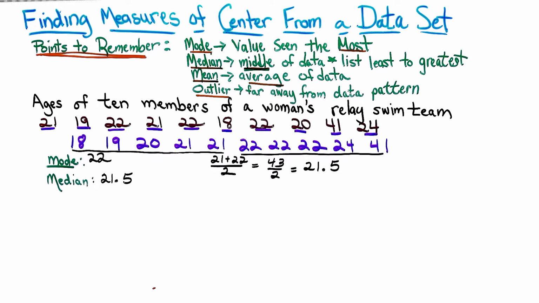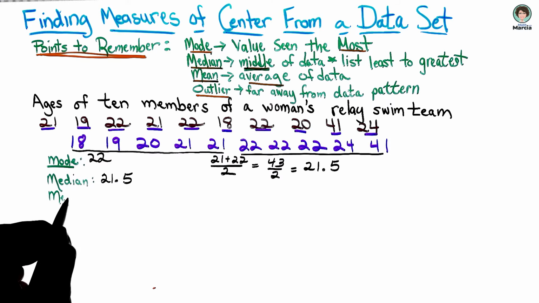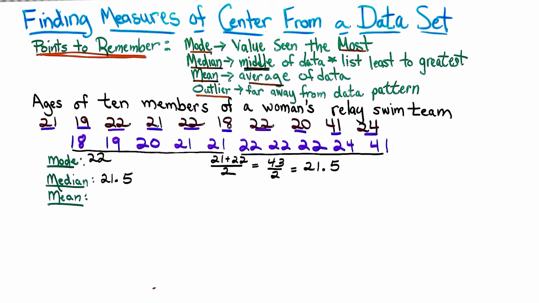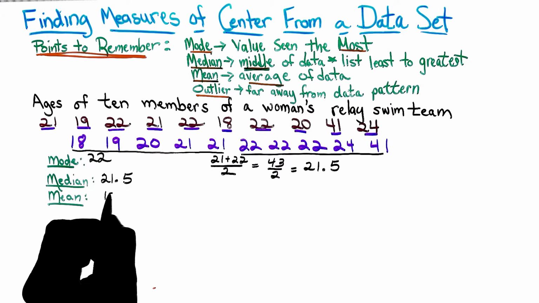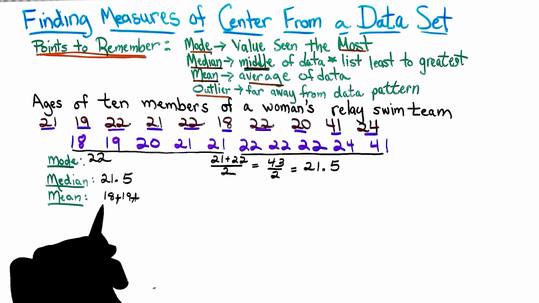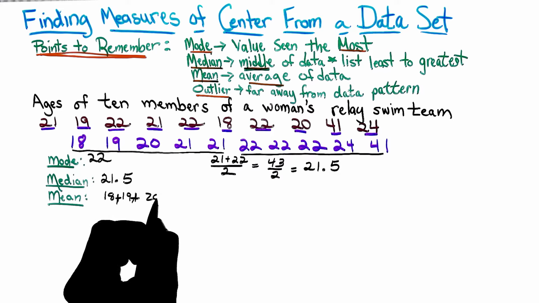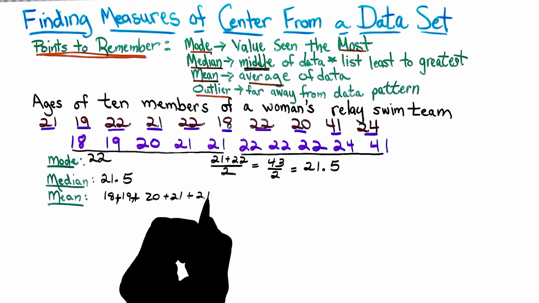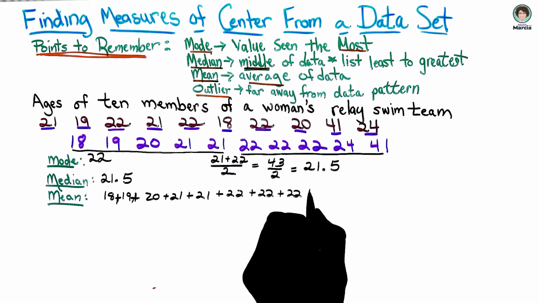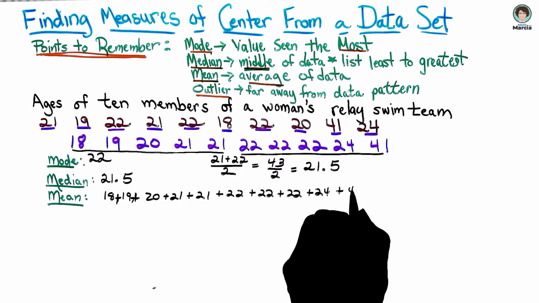Remember, our mean is going to be the average that we find. So we're going to take all of these data points and add them all up. I'm just going to list them for you. Here I have an 18, plus a 19, plus my 20, plus a 21, plus a 21, putting down my three 22s, my 24, and my 41.